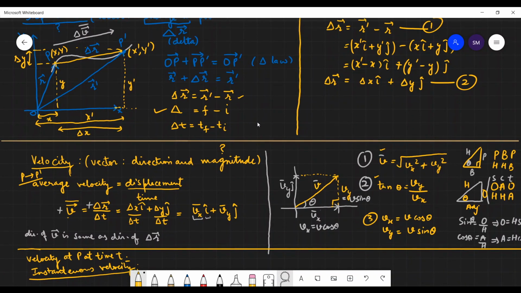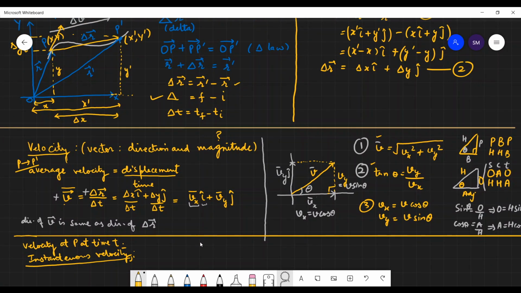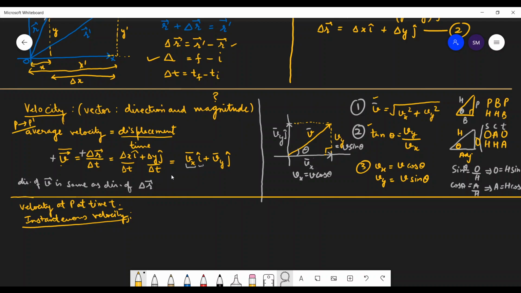The direction is always tangential to this point on the curve. So I will draw a tangent, and this will be the direction of instantaneous velocity. So the direction of the instantaneous velocity is tangential at P, the tangent at P.